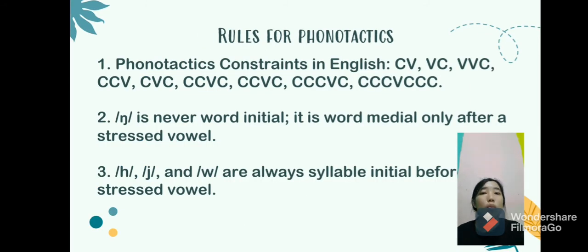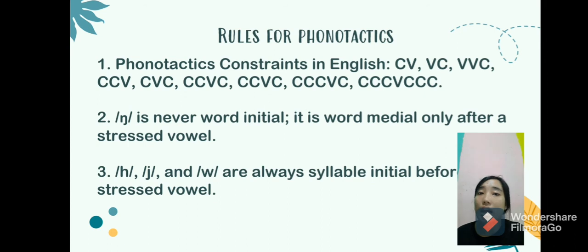So what are the phonotactic rules? First, the syllable constraints in English are CV, VC, VVC, CCV, CVC, CCVC, CCCVC, CCCVCC, just like that.